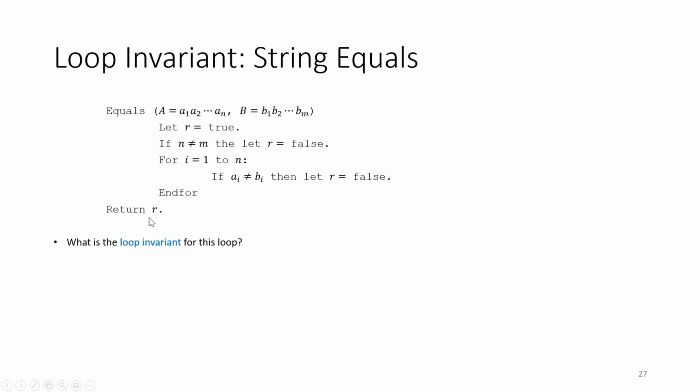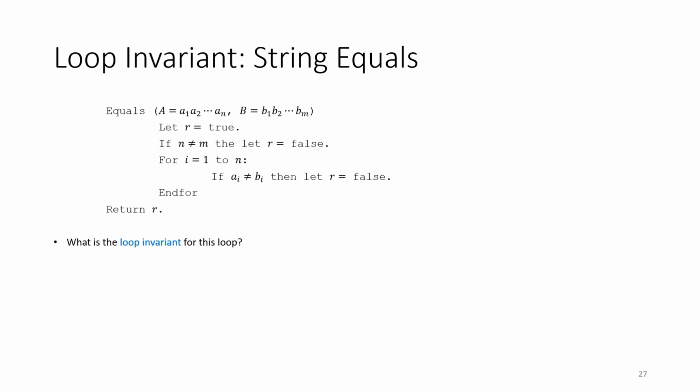So maybe this property should have something to do with R. And the other thing we'll notice is R here, because we're dealing with this decision problem with the Boolean output, the yes, no, 1, 0, true or false here, R is only going to be true or false. At least that's what it looks like from our code, and maybe I've already honed in on part of that loop invariant. I said R is always going to be true or false. I might just write that down in my little scratch notes on the side. R is always true or false.